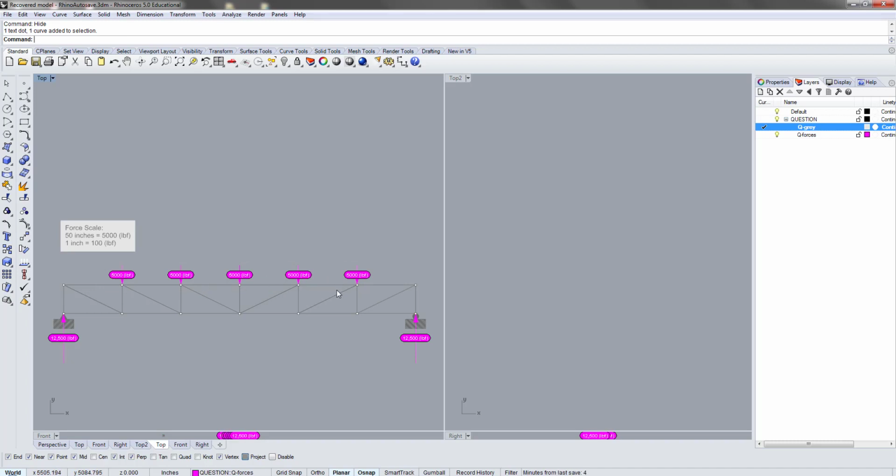truss. If you look at a truss in real life, oftentimes it's supporting something like a roof, and a roof, of course, would be more like a uniformly distributed continuous loading.